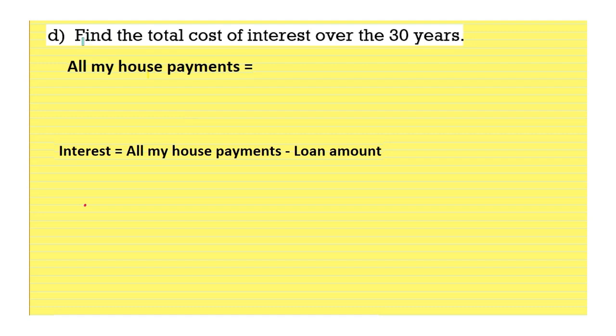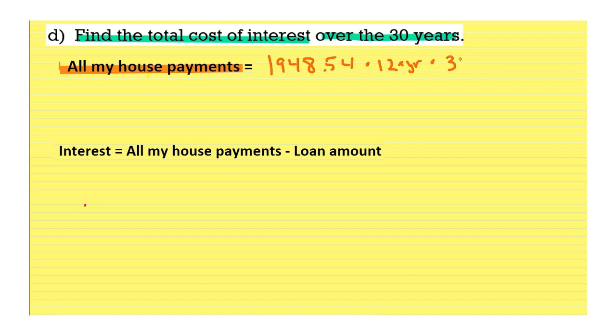The next part of our question wants us to find the total cost of interest over the 30 years. Well, in order to find the total cost of interest, we first must find what all of my house payments add up to. So my house payment was $1,948.54. And I'm going to make that payment 12 times a year for 30 years.